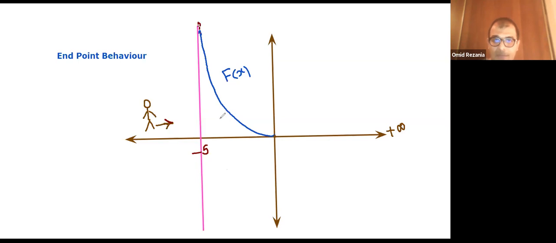Wherever he is here, contrary to that, he looks up and sees the point on the function. He can find, at this corresponding point, which I call x0, the f of x0 here.